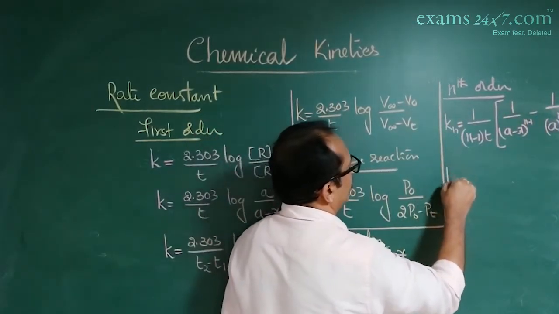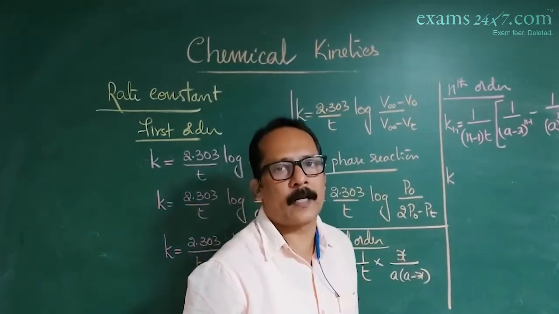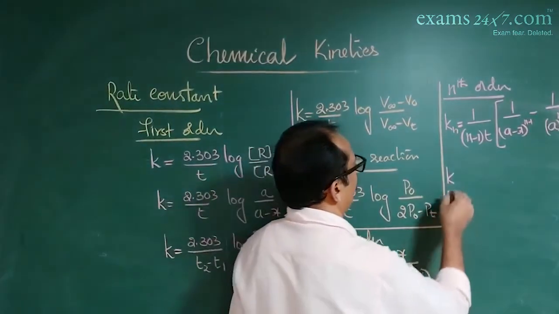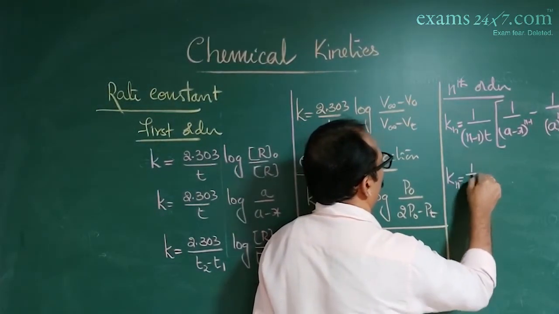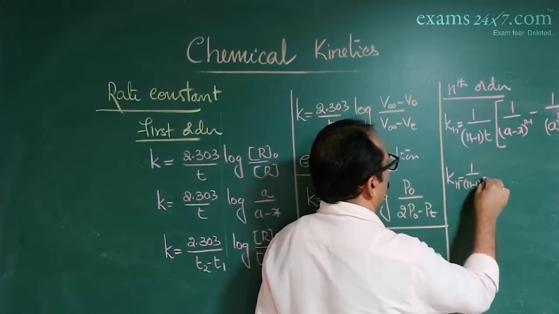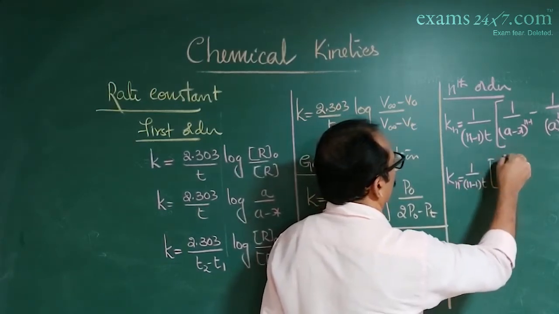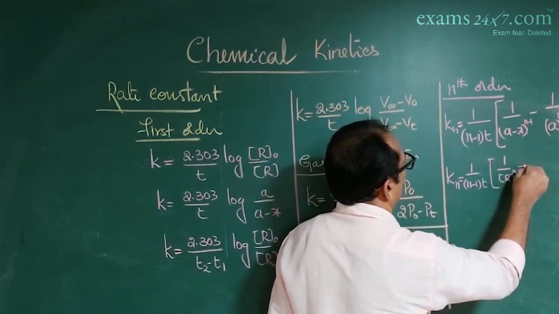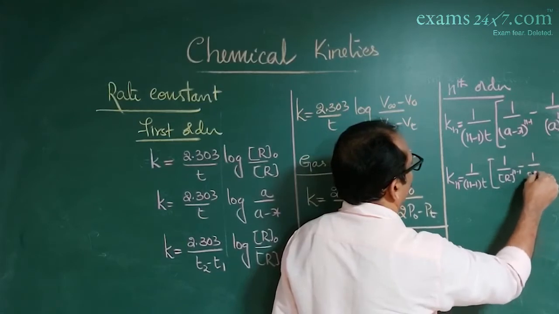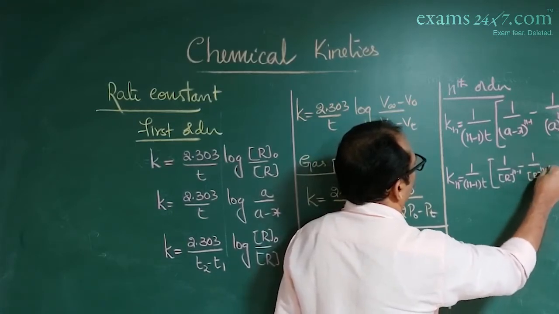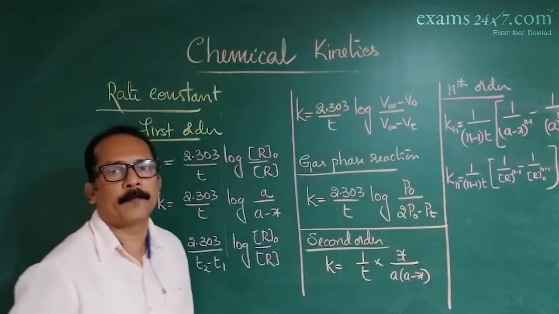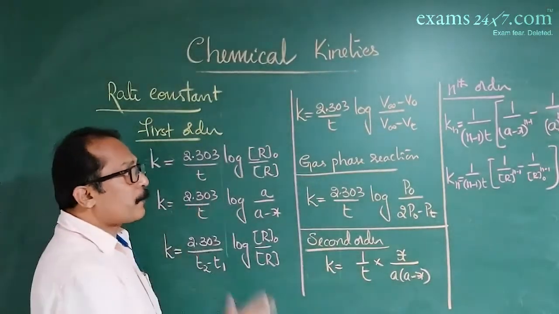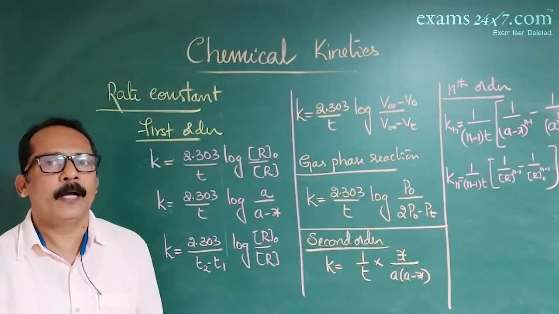Or we can represent it in terms of R0 and R, where a is the initial concentration, that is R0. Kn is equal to 1 by n minus 1 into t, into 1 by R to the power n minus 1 minus 1 by R0 to the power n minus 1. So these are the expressions for rate constant.